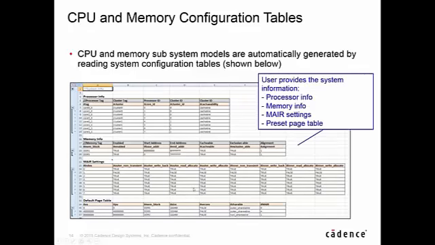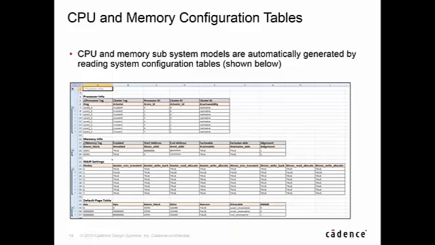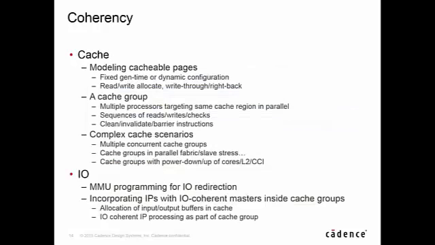Okay. So this is where the user comes in and, in table form, provides all this information and gets it all set up, and then that can be used in actually doing the cache testing.